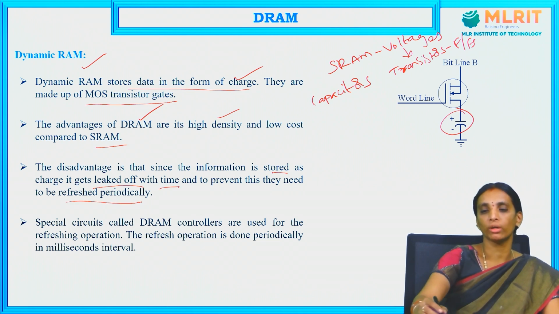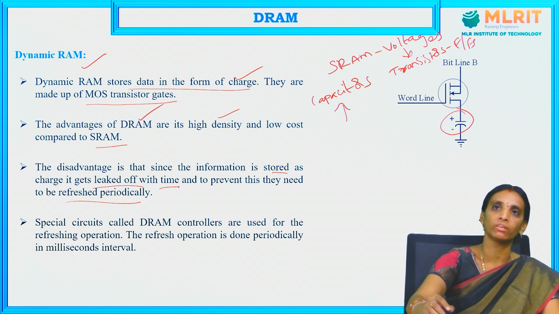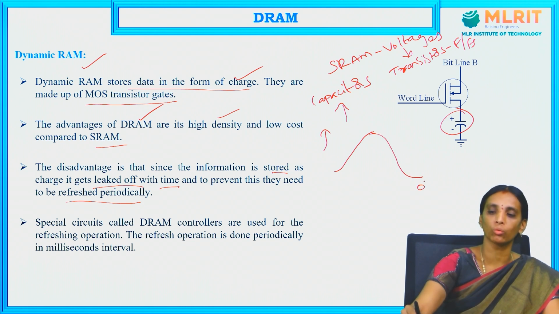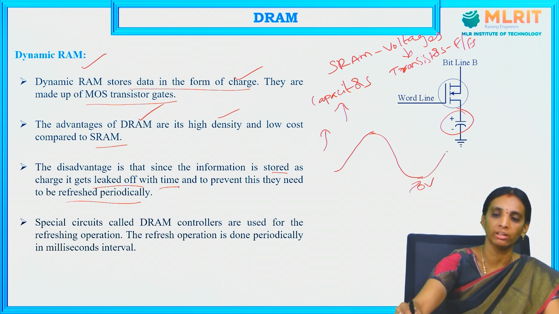So as we know, whenever power is given to the capacitor, it is charged to the maximum level, and whenever the maximum level is reached, it is discharged to 0 volts. That means whenever some voltage or energy is given to the capacitor, again it starts charging and again it starts discharging.